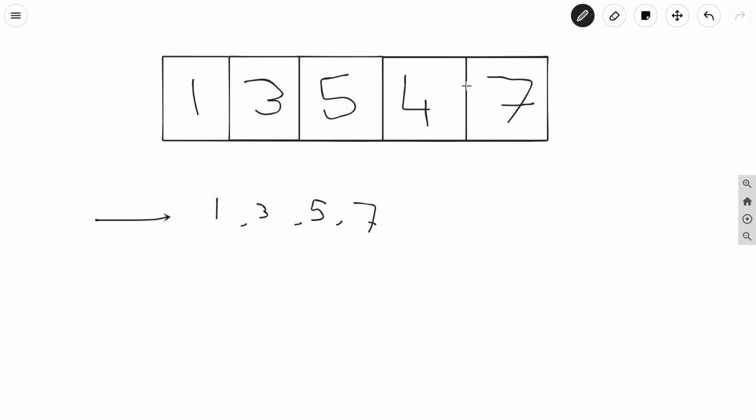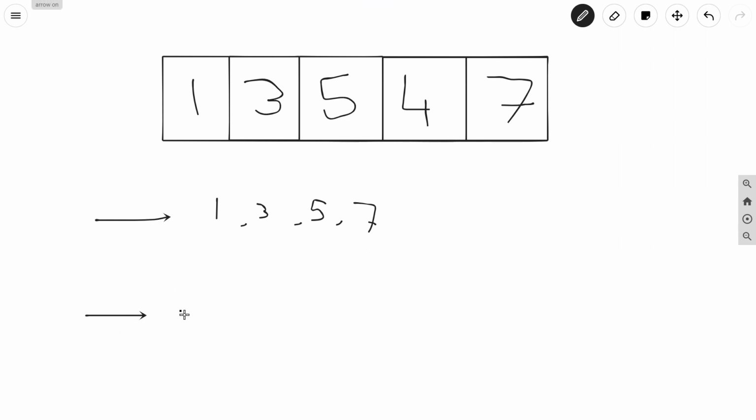We cannot have any increasing subsequence of length 5, because for length 5 the whole array would be that sequence, and the whole array is not strictly increasing. So our longest increasing subsequence will have length 4. So this can be one of the answers.